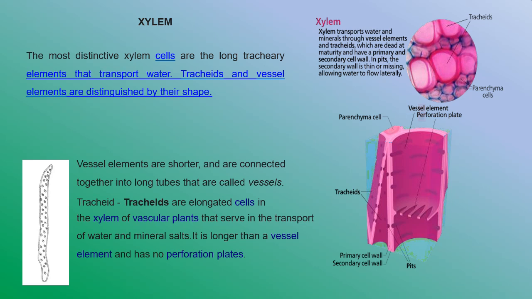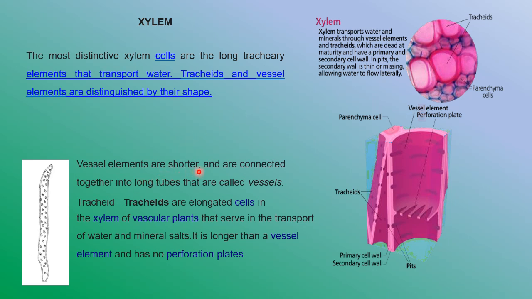So the xylem plays a very important role in the ascent of sap, or transportation of water. Xylem transports water and minerals through vessel elements and tracheids, which are dead at maturity and have primary and secondary cell walls.